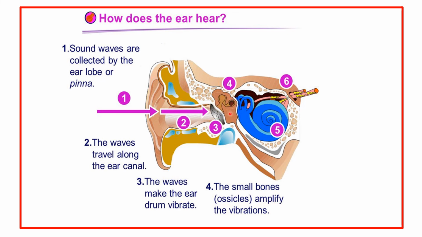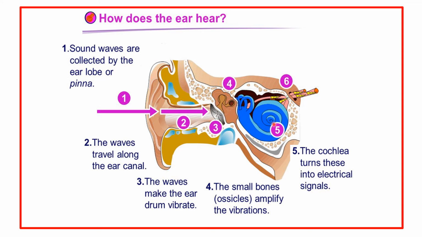Okay? So in this part of our ear, it's where the smallest bone is located. The next one, the cochlea turns these into electrical signals. Now the cochlea here, the twisted tube, is our main organ for hearing.